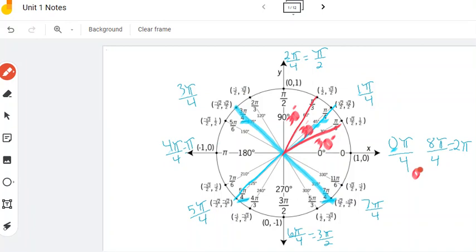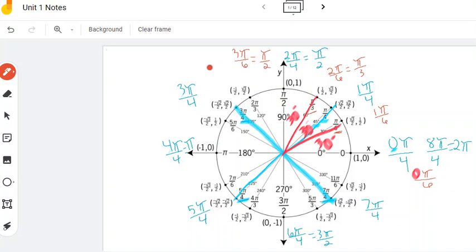So our 0 pi over 6, 1 pi over 6, which is right here, 2 pi over 6, which simplifies to pi over 3. And then at the top, we have 3 pi over 6, which simplifies to pi over 2.